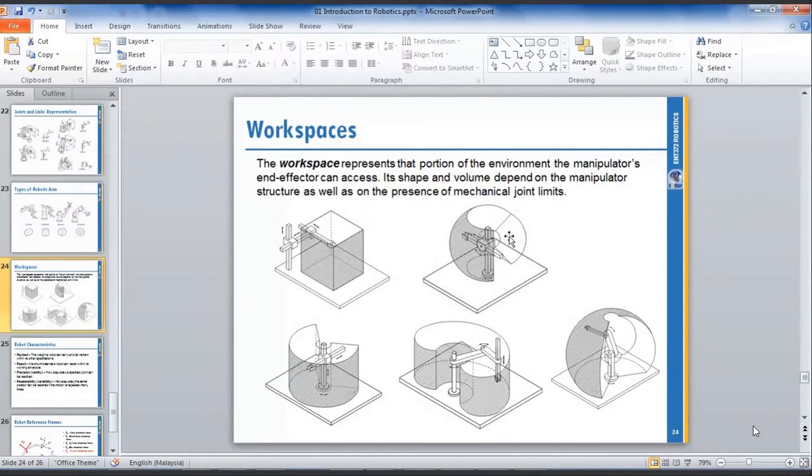So this is a spherical robot. It's slightly different from the articulated robot. With spherical, you have more space that cannot be achieved. But with an articulated robot, your arm can perform better and can reach up to the top level area. So it's more flexible compared to a spherical robot.